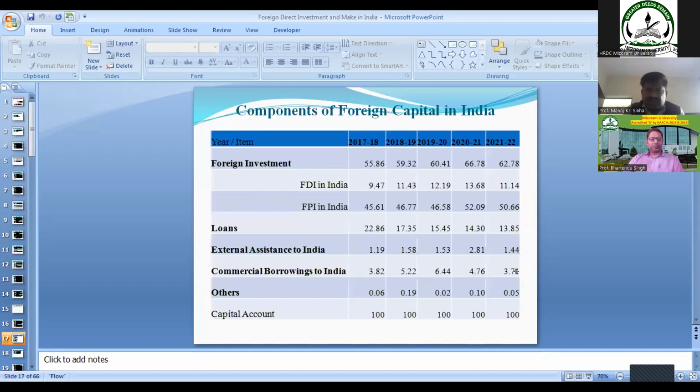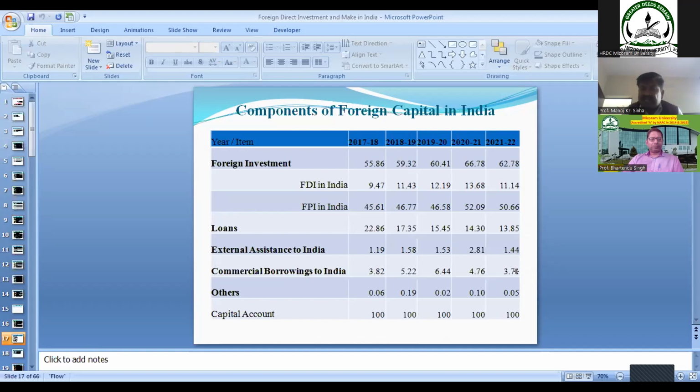Now we can see the component of foreign capital in India and their trend over the last 5 years of data. In this case, foreign investment is within the range of 55 to 63% of total foreign capital. Within foreign investment, there are two components: one is FDI, another one is FPI, foreign portfolio investment.